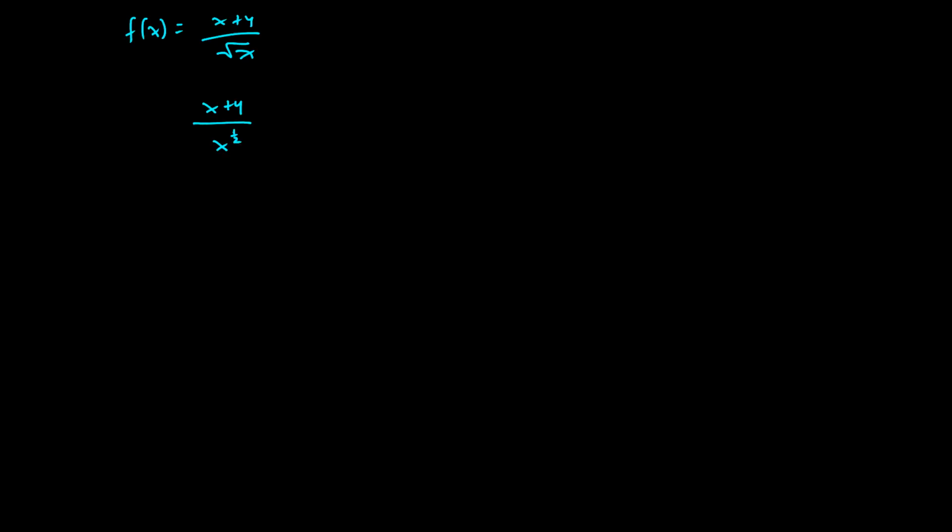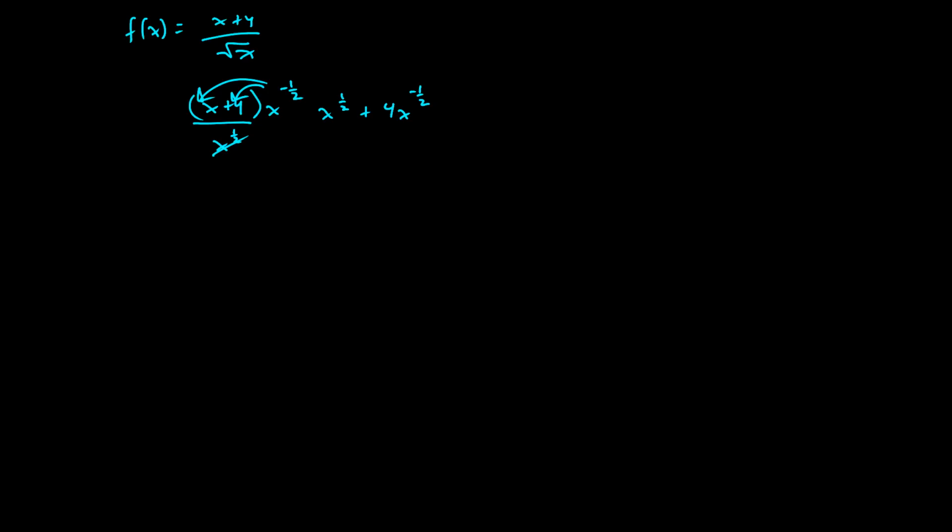And then let's move it up into the numerator, and when we do that, this becomes x to the negative 1/2 power. And let's distribute that. So when we distribute here, we should come out with x to the 1/2 power plus 4x to the negative 1/2 power.